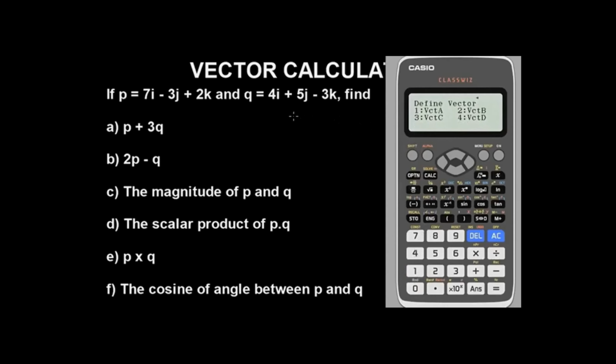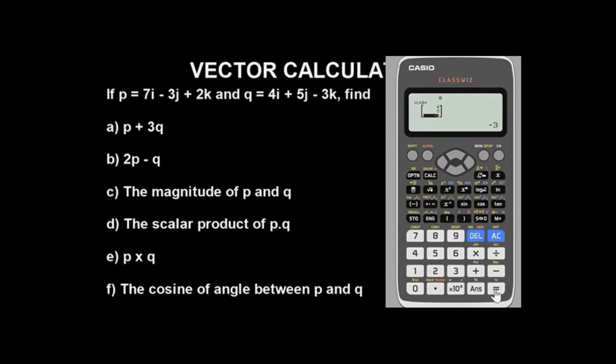So let's define vector Q as our vector B in this calculator. So let's press 2, guys, as simple as that. You press 2. Okay, select dimension, it is still a three-dimensional vector. So you put the values respectively. We have 4, okay, 5, and now minus 3.